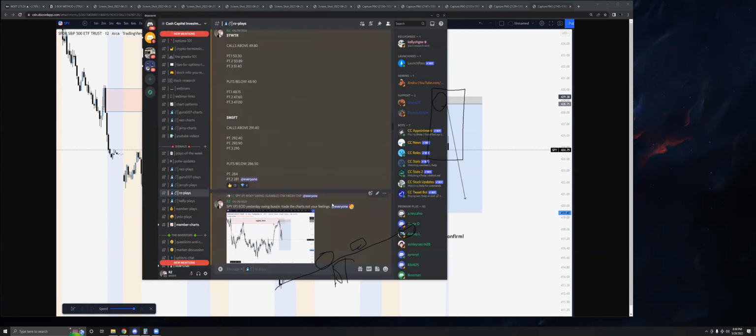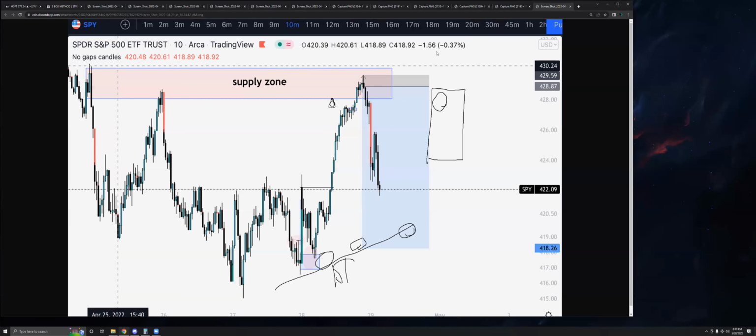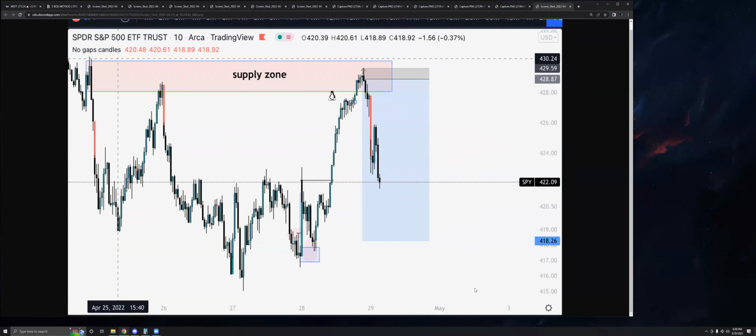Let me just show you the updates. Look at this. So SPY and the day yesterday, swing is busting. Trade the charts, not your feelings. Boom. Amazing, right? It's amazing.